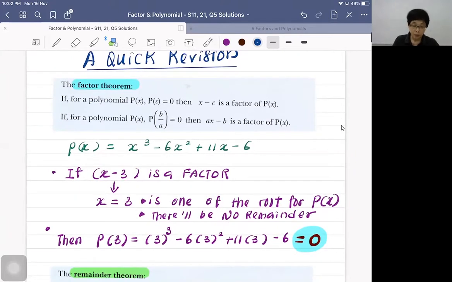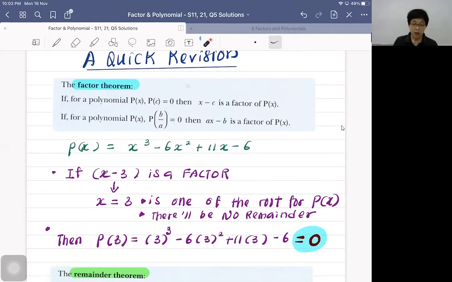The factor theorem tells us that if we have a polynomial p(x) and if x minus c is a factor of the function p(x), then we can take the root x equals c, and when we substitute it into the polynomial, we will surely get the result of 0, indicating that there is no remainder.